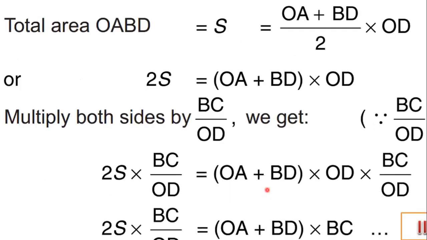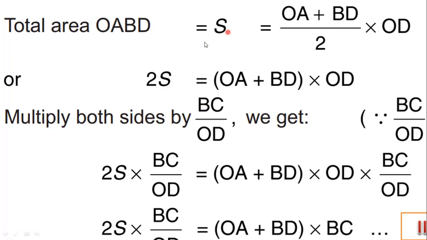So the total area S is half of (OA plus BD) into OD, where OD is the time T, the base, and OA plus BD gives the area of this region.